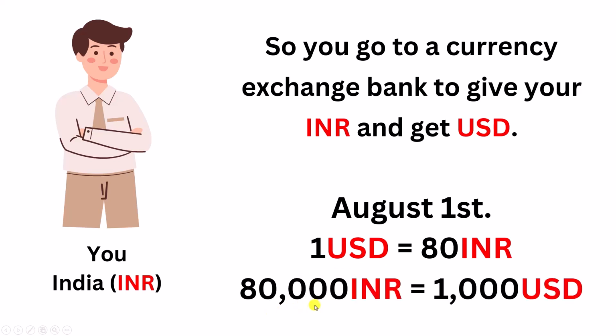This is the money that I'll be taking there to spend, but then I want it in American dollars. You say that to the person at the bank and you give him 80,000 rupees. According to this exchange rate, he gives you 1,000 American dollars.